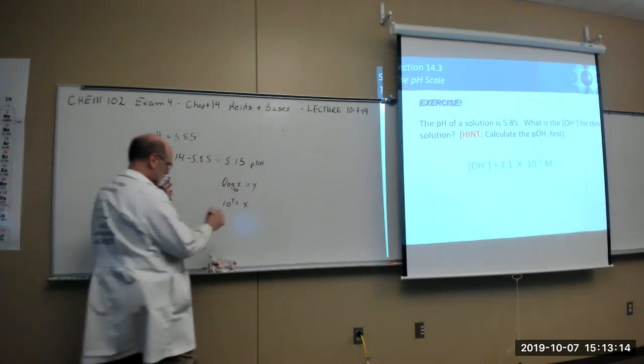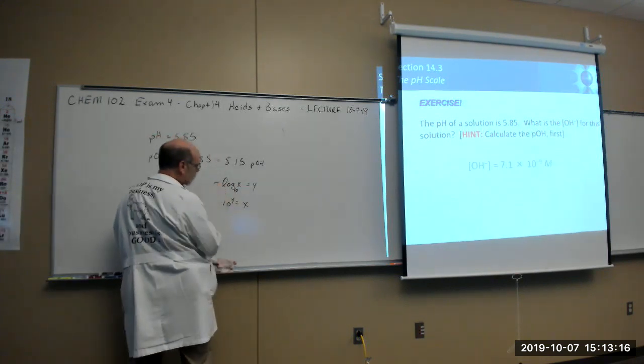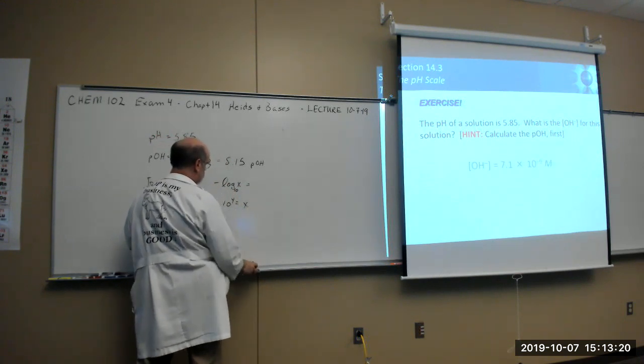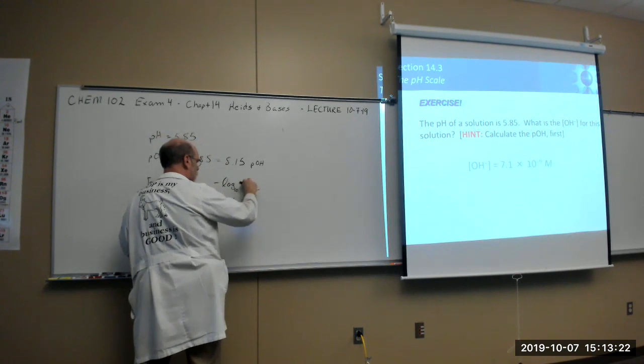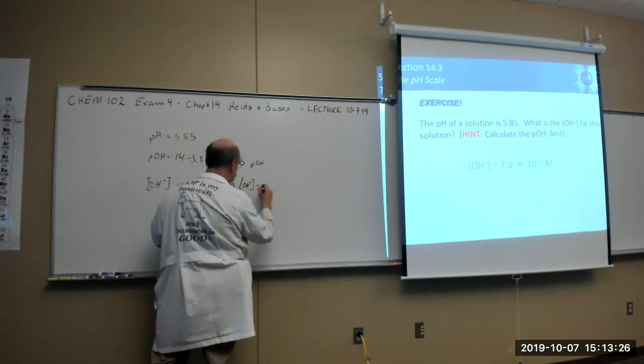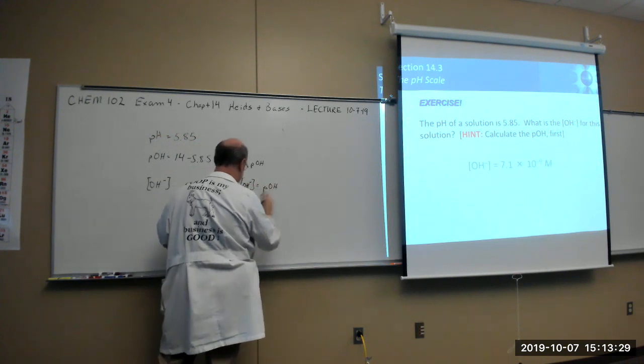Well, actually, here's what you have to do. Negative log of that is, let's do this. The negative log of OH minus equals pOH.